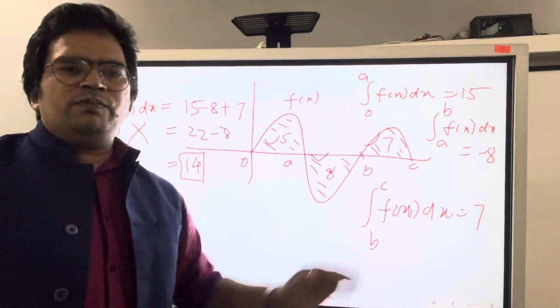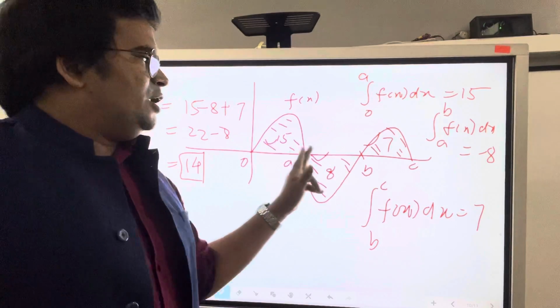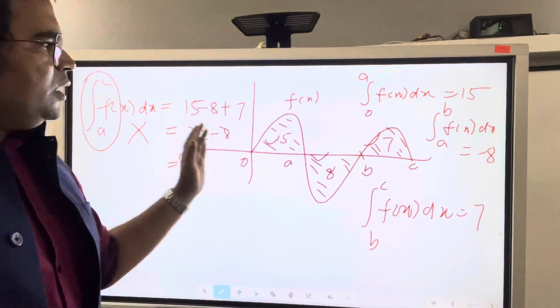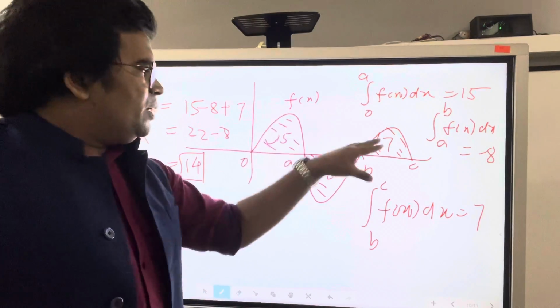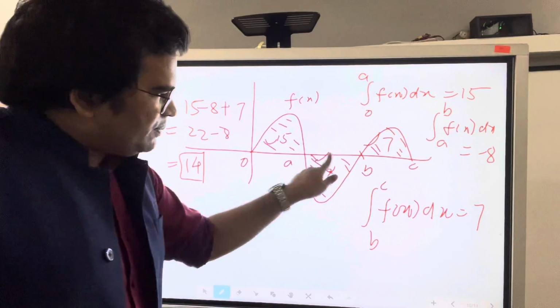So when you're finding out the area, you're going to split this up in different parts. When you're splitting it into different parts, like 0 to a, a to b, and then b to c, you're going to get some parts as positive, some as negative. So this is positive, this is positive, this is negative. So make this an absolute value.